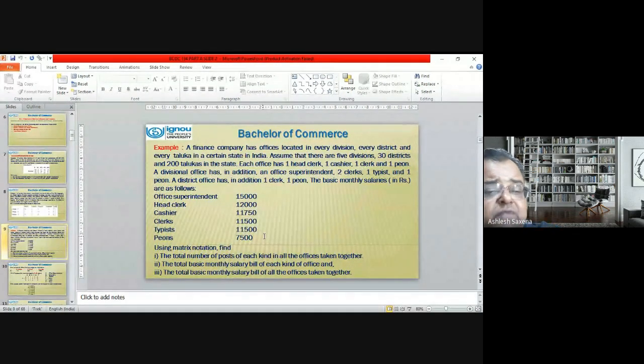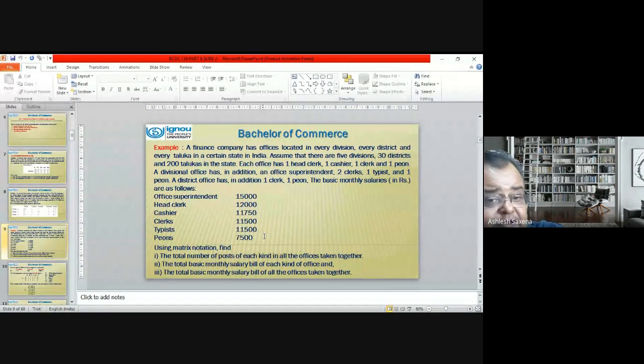That means an office superintendent will get 15,000, head clerk will get 12,000, cashier 11,750, clerks 11,500, typists 11,500, and PMs will get 7,500. Now, what is the question?